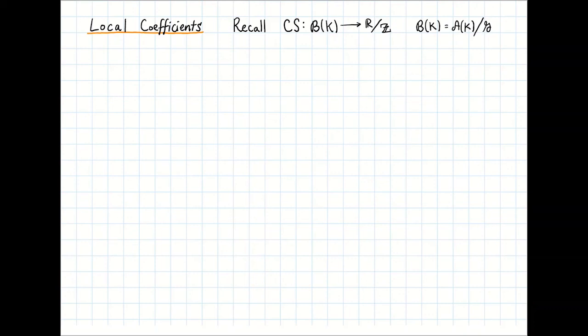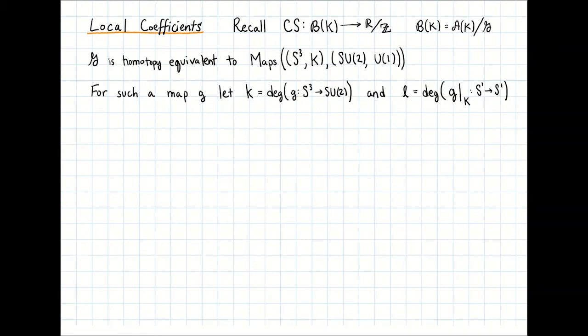And this configuration space, B of K, is a quotient of a space of connections by some gauge group G. This gauge group G is homotopy equivalent to a space of maps from S^3 to SU(2), which send the knot K into the maximal torus U(1) of SU(2). For any such map g, we can associate two integers, k and l. k is the degree of the map g viewed as a map from the 3-sphere to itself, and l is the degree of the map g restricted to the knot K, viewed as a map from the circle to itself.